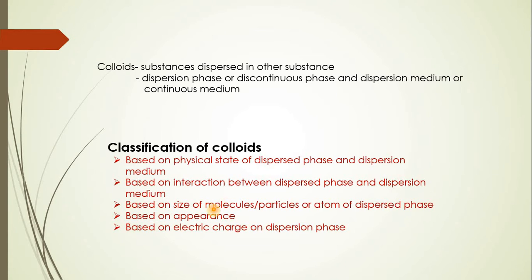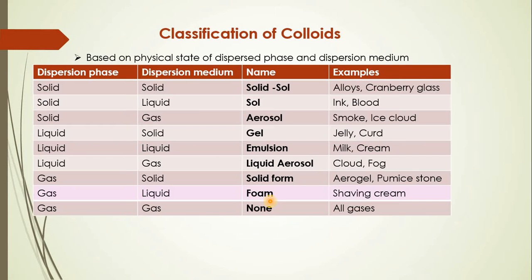The third aspect is on the basis of the size of the molecules, particles or atoms of the dispersed phase. And the fourth one is on the basis of its appearance, whereas lastly, it is classified on the basis of electric charges which are seen present on the dispersion phase. Now let us move ahead and understand each of these classifications in detail.